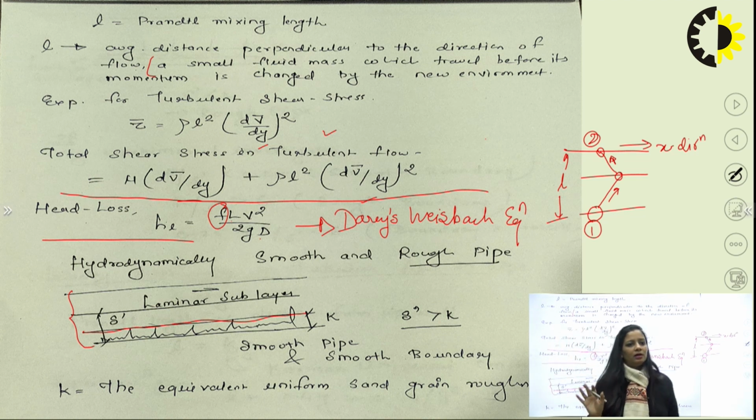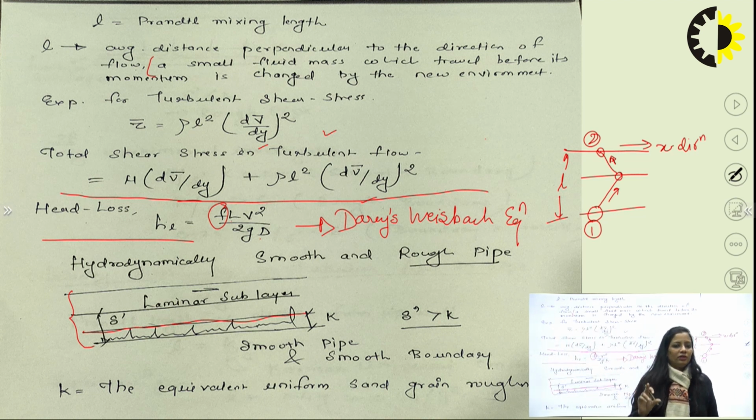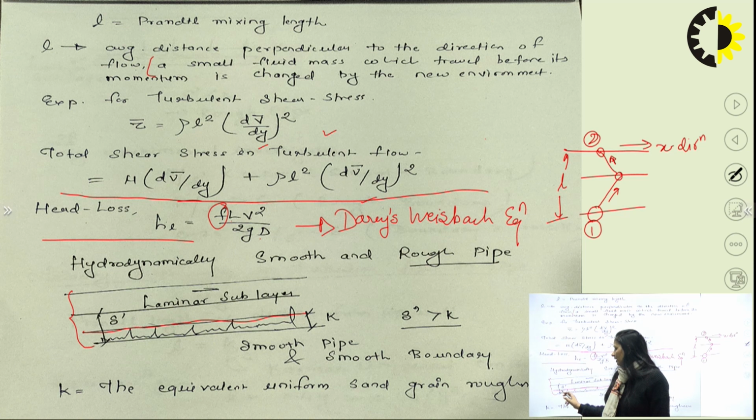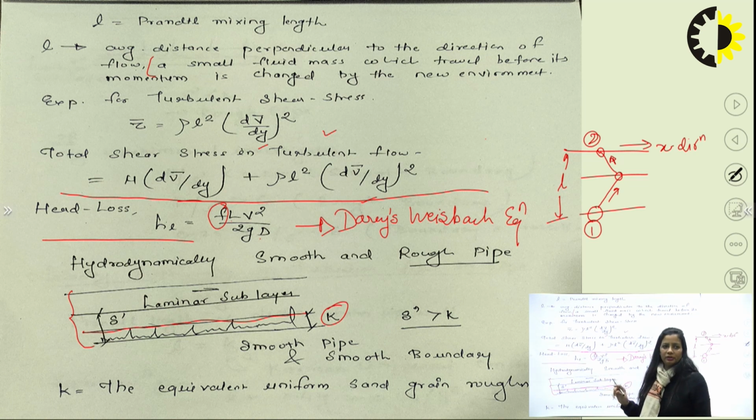Now let us also assume the height of the laminar sublayer. Let us suppose the height of the laminar sublayer is greater than this roughness height. So we will say that this kind of pipe is a smooth pipe. If the laminar sublayer thickness, delta dash, is greater than k, then we say the pipe is smooth.